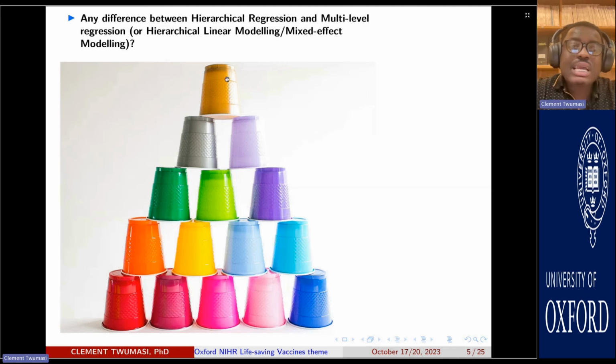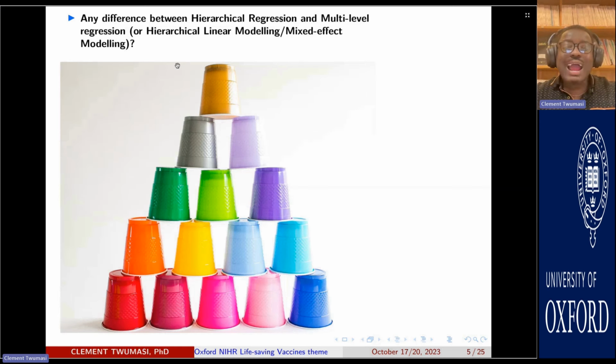Think about collecting data about individuals within institutions, those institutions found within regions, those regions within countries, and those countries within continents, and you have data about all these variables. Though these are variables you're not really interested in, you have some specific predictors that you are trying to check how they affect your outcome variable. But your data was naturally nested, such that we have this level of nesting that looks graphically like this. So when you talk about multi-level regression, the emphasis is on the data.